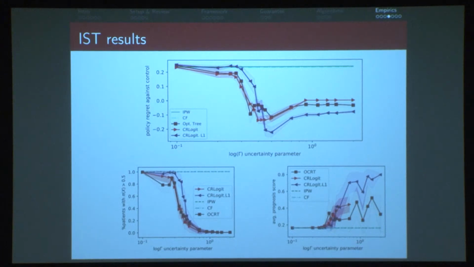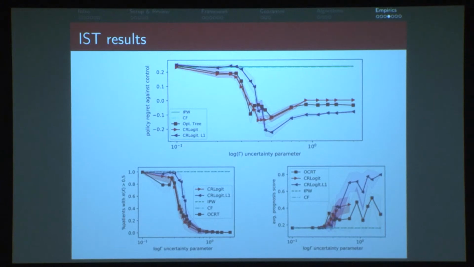As we increase gamma, we say focus on more well-evidenced improvement, be careful in who you're treating, and we're able to achieve negative regret. So we're achieving some improvement. As gamma increases further, we're really afraid of intervening because we don't know what might happen. If there's a lot of confounding, the data says nothing about what the real causal effects are, and we default to just giving pi naught, and getting 0 regret.